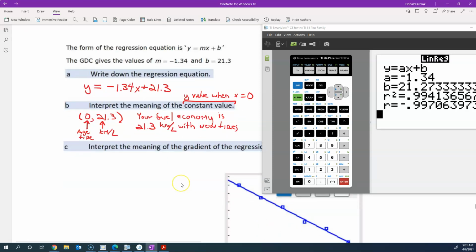Now the gradient, that's the slope. Our slope is the y over x. y was kilometers per liter, and x was the years.